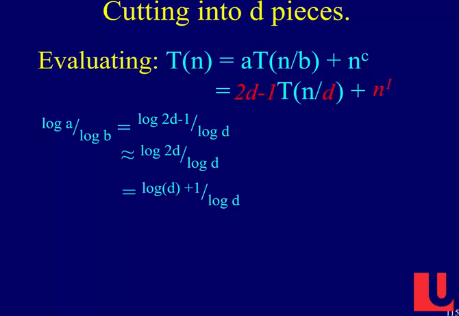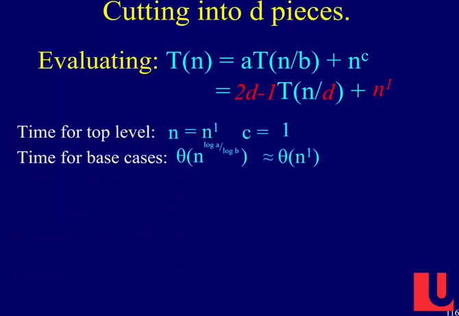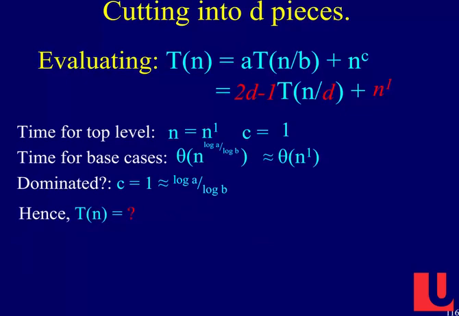So if we bring up d to be something like log n, then this goes to 1. And so then, what's our running time? Well, now c and log a over log b are both 1. So what do you do when they're the same? You bring the log in, and that's where we get the answer n log n. Does that make sense?